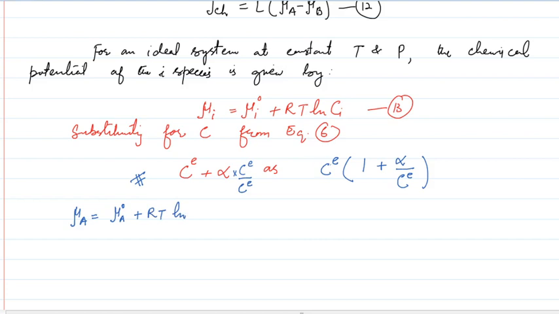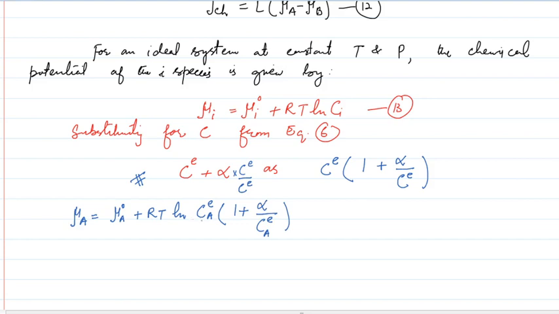So in place of C we will write CA, because for A, so we will write it as CA equilibrium here, and then we can put 1 plus alpha upon CA equilibrium.